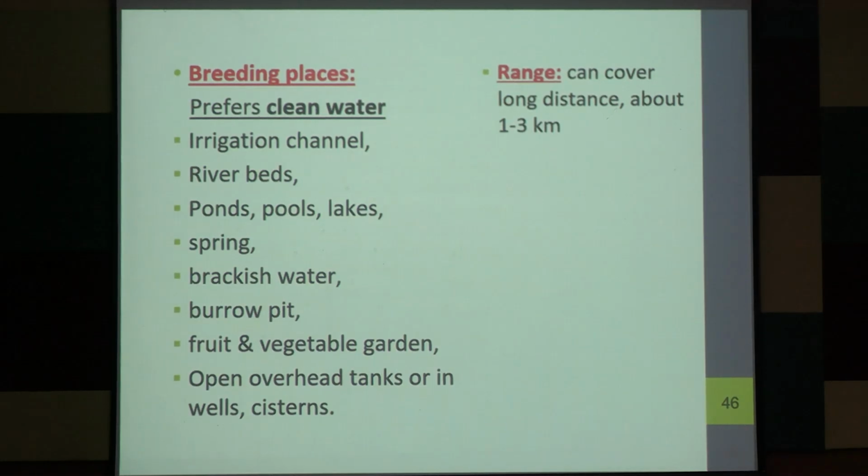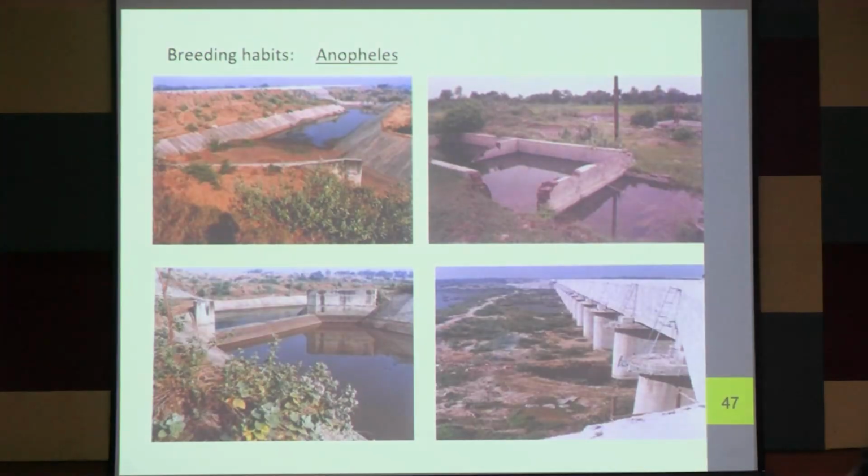It does not distinguish. Culex prefers brackish water, Aedes prefers clean water stored in artificial containers, but the Anopheles mosquito does not have any preference. They have only the aim to lay eggs and to take blood from every kind of animal. Okay. What is the flight range? 1 to 3 kilometers.